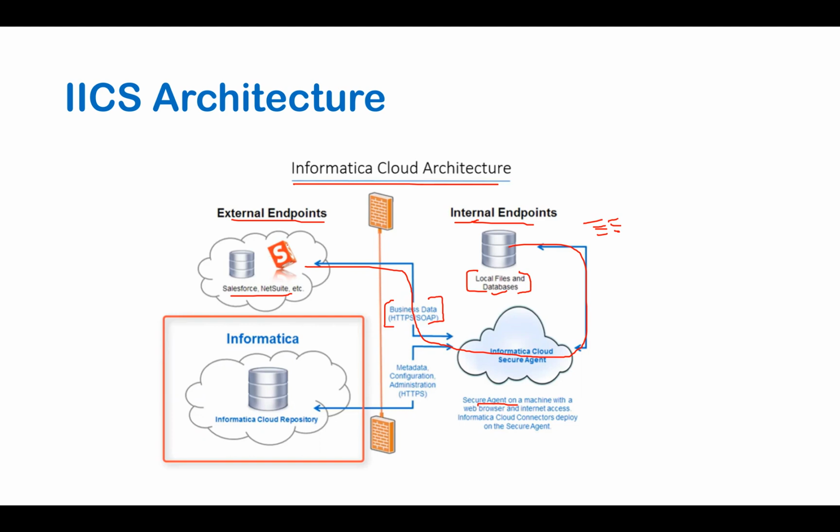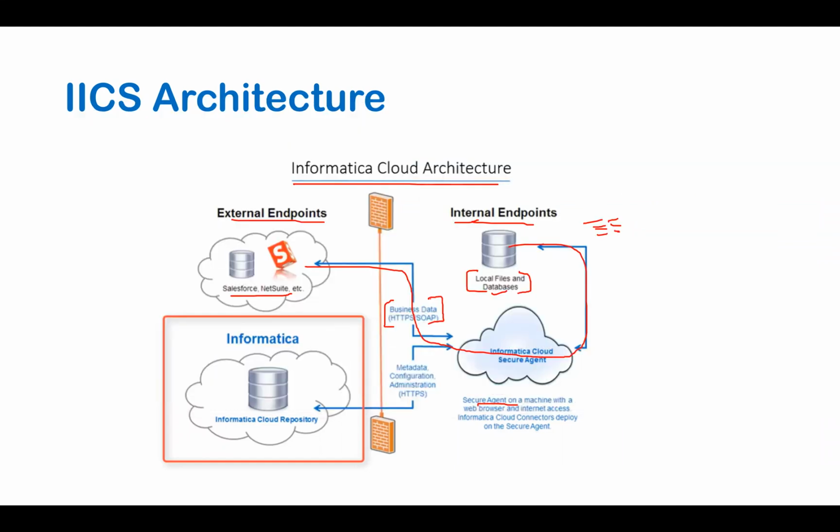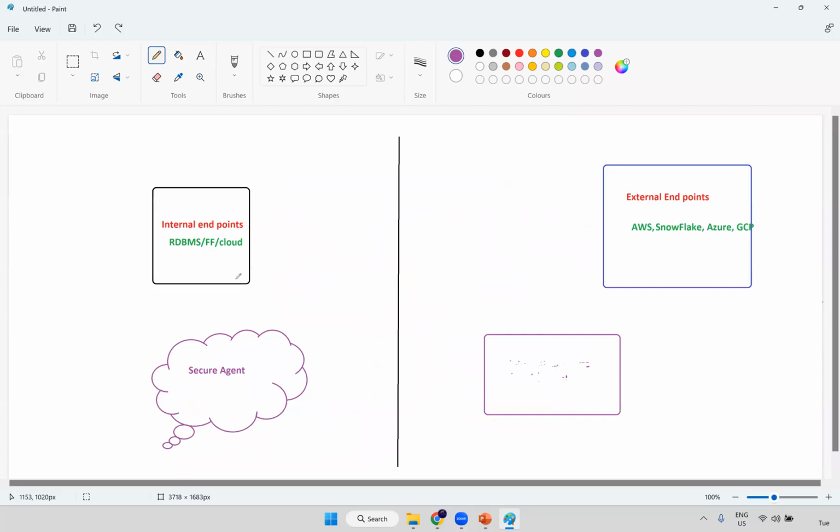Yes, we will move it, and it should be moved to the other external endpoints through the Secure Agent. Why? Because the Secure Agent will establish a secure connection from our local environment to our external endpoints.